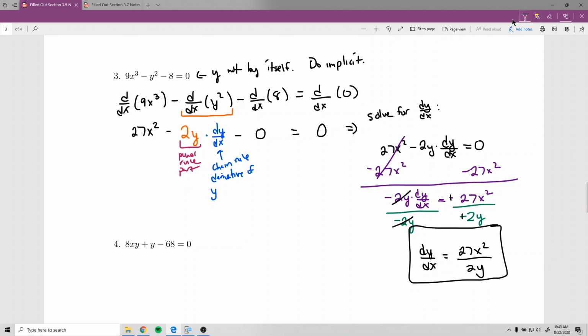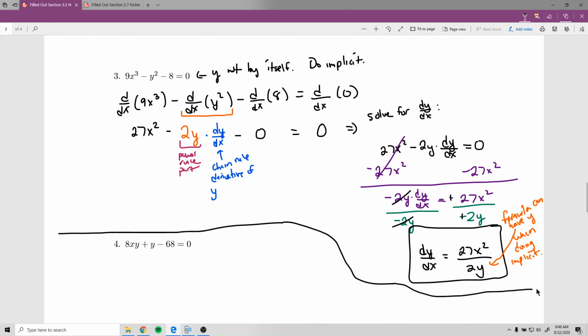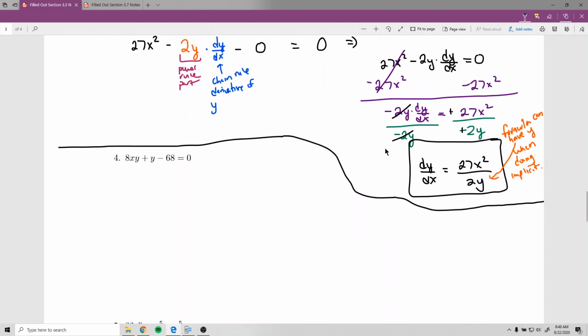Your formula can have a y in it when you do implicit differentiation. And so that's something to keep in mind. It does look kind of weird at first, but that's okay.